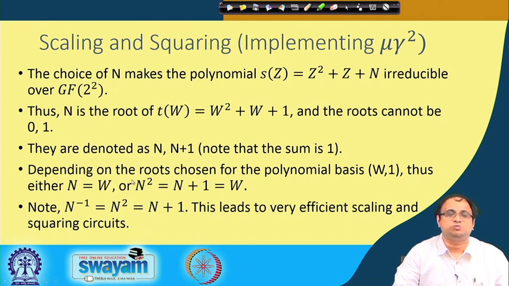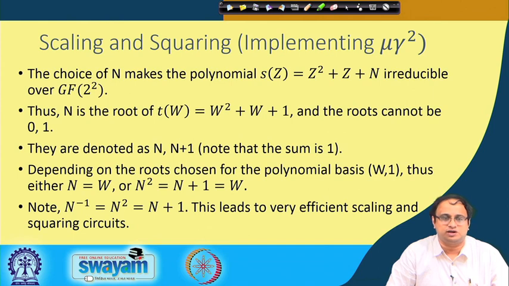These are small but important observations which we will be using in our optimizations in the following discussions. These small tweaks will lead to very efficient scaling and squaring circuits. So these are something that we need to keep in perspective.